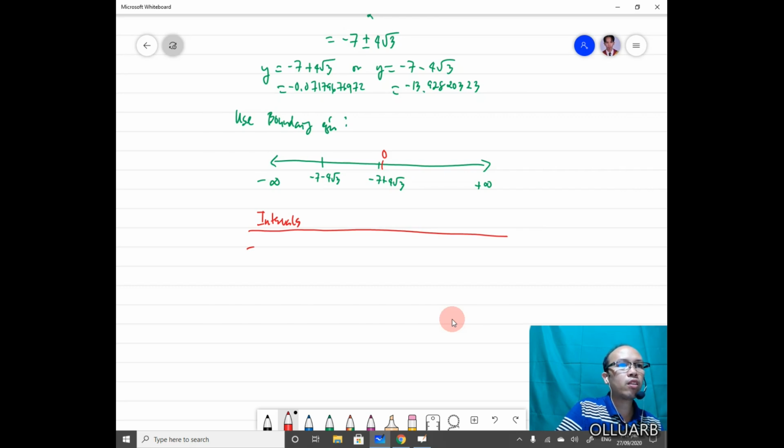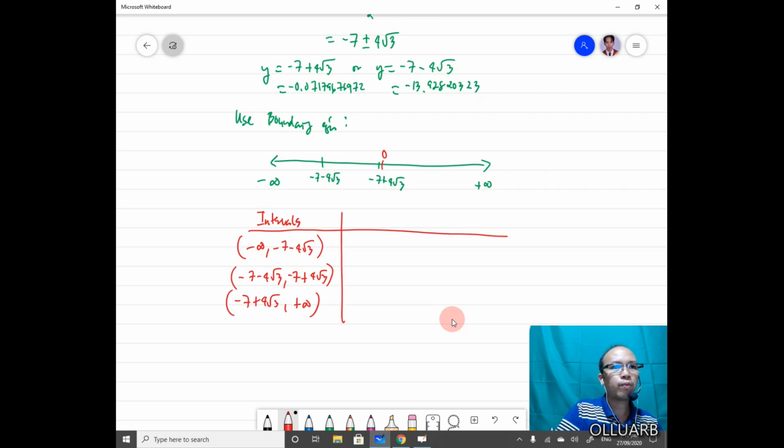Let's write the intervals: negative infinity to negative 7 minus 4 square root of 3, then negative 7 minus 4 square root of 3 to negative 7 plus 4 square root of 3, and then negative 7 plus 4 square root of 3 to positive infinity. Then test points.